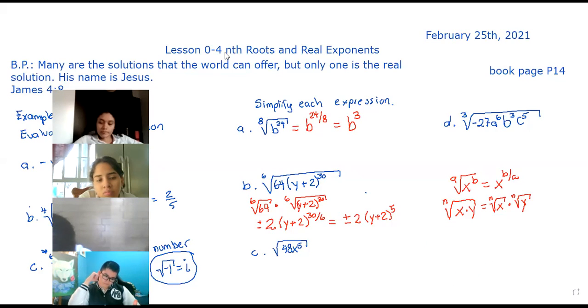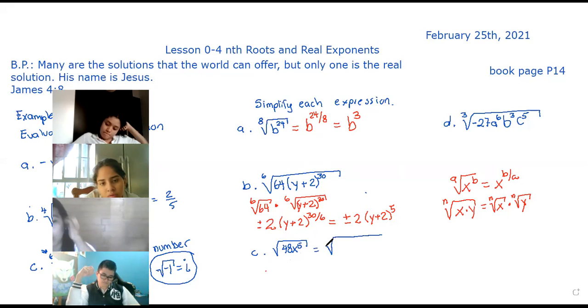Okay, letter C. We need to look for the square root of 48 x to the power of 5. So let's write this. 48 has no perfect square root, but I can write 48 as 16 times 3.